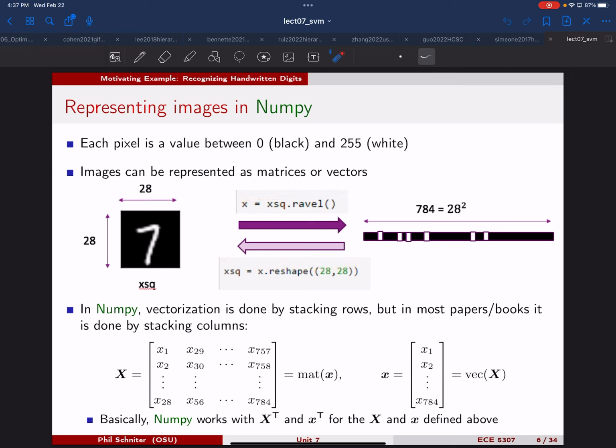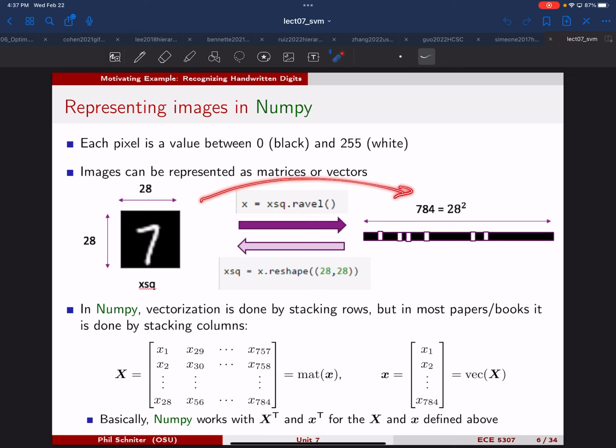It's just a matter of convenience because so far, all the methods we've developed, like logistic regression, work on vectors of features, right? Not matrices of features. So if we vectorize it, we can just use all the stuff we've developed so far. In NumPy, there are different ways to do this. One command is ravel.